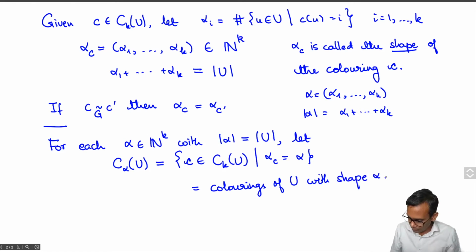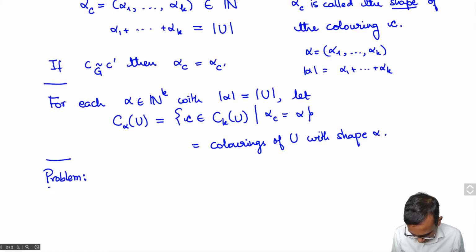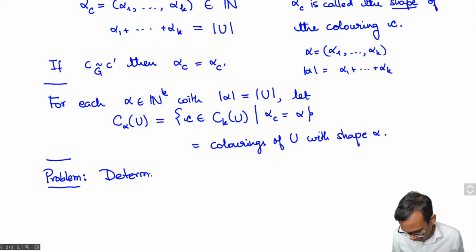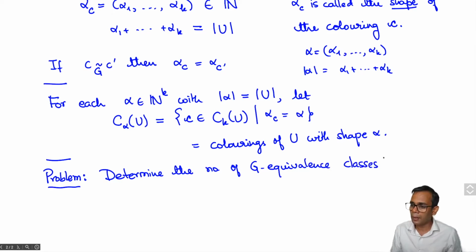And the problem is the following: determine the number of G equivalence classes of colorings of shape alpha.